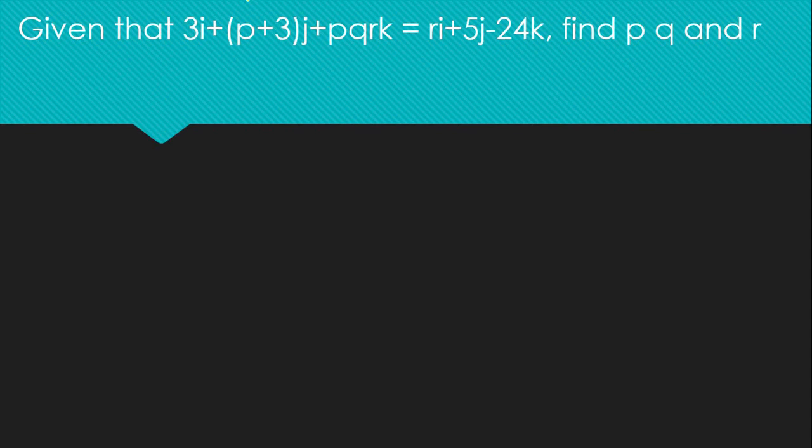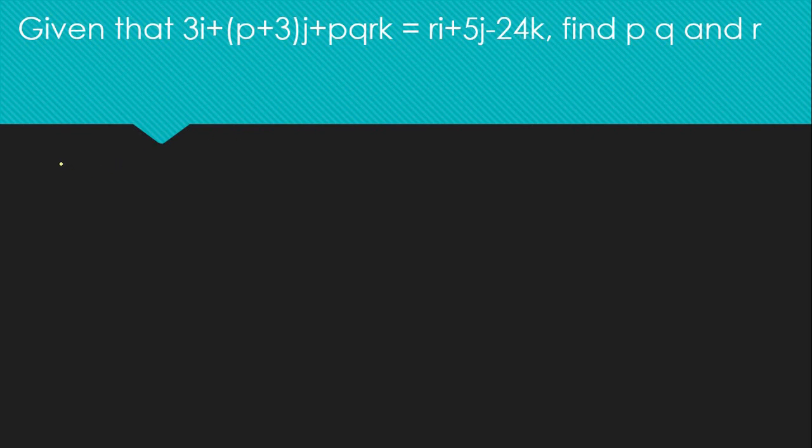Now, given that this is a vector, if p, q and r are just values, then you've got 3i plus something j plus something k. That is just a vector. And if that vector is identical to this other vector, then 3 must equal r, p plus 3 must equal 5, and pqr must equal negative 24.